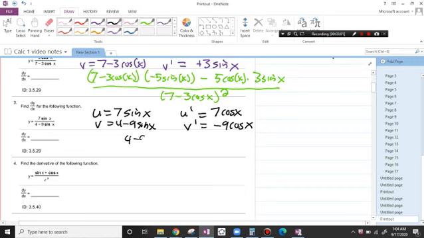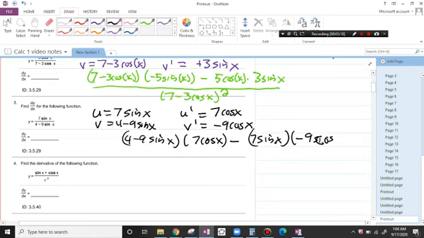Then v times u prime, minus u times v prime, all over v squared. We can put it in just like that. I don't think you need to simplify anything.